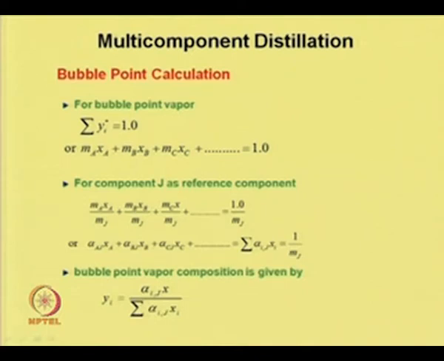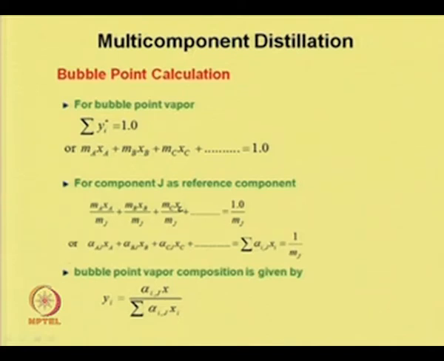Now, if we consider j as the reference component, we can write Ma Xa divided by Mj plus Mb Xb divided by Mj plus Mc Xc divided by Mj and so on would be equal to 1 by Mj.